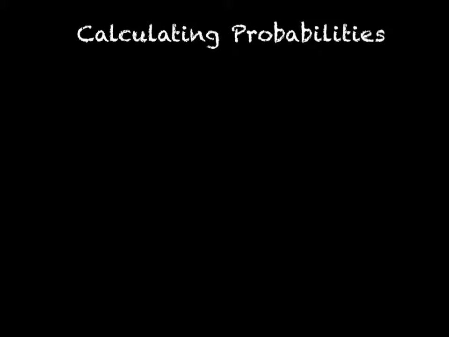Now, let's look at how to deal with probabilities involving binomial experiments. I'll explain this using an example, and then I'll write a formula to generalize. So let's say I'm going to be flipping a coin 4 times.